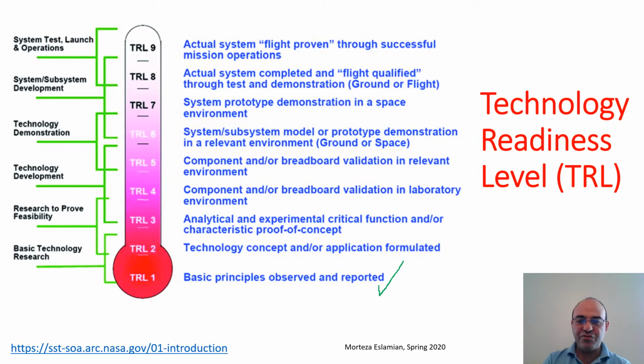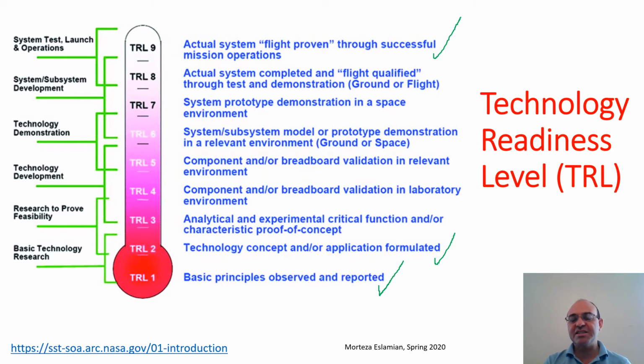Then the next step would be that the concept is formulated. So it's been modeled and shown by mathematical equations. Then the level can become more and more mature until we get to level 9, where the actual system is flight proven through successful mission operations.